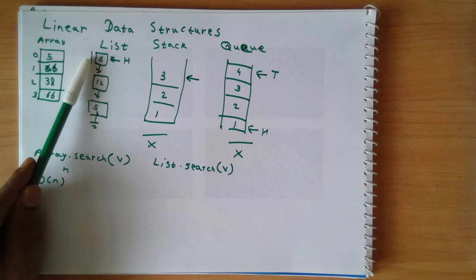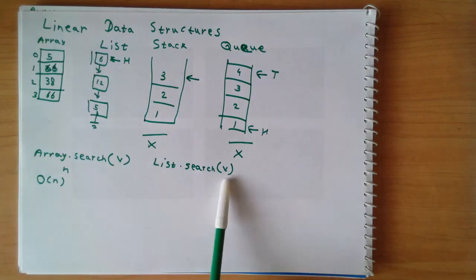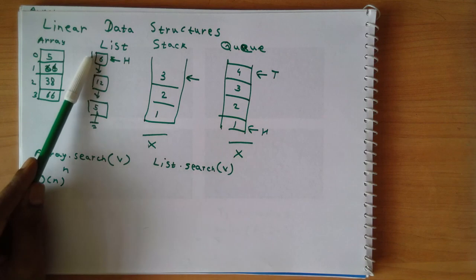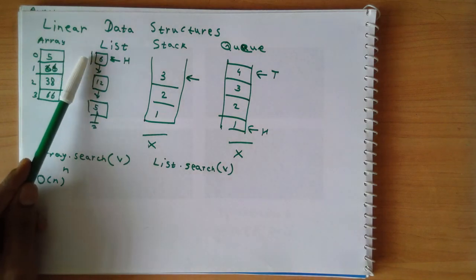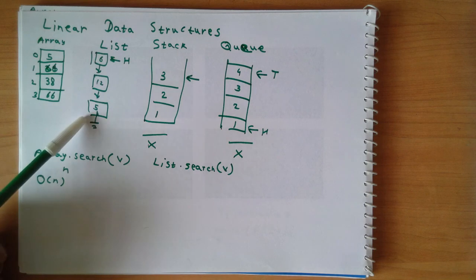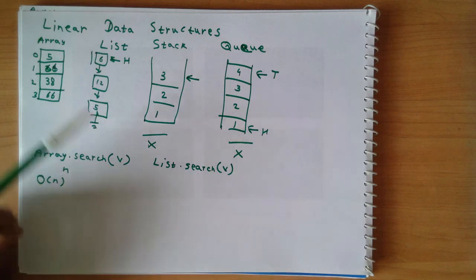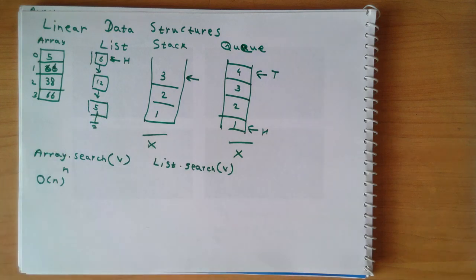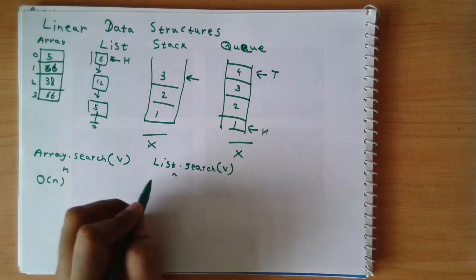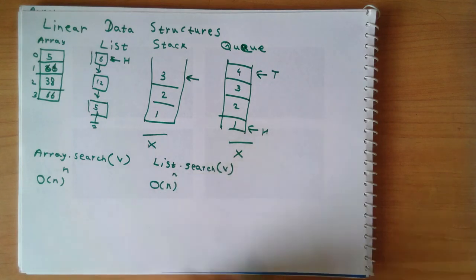And every time I visit a node, I'll compare the search value v with the contents of the node. So in the worst case, what will happen? I might have to go right to the end of the list. So even in this case, we are going through the complete list, and this is again a linear search algorithm. Okay. So if the list contains n elements, in the worst case, I will require of the order of n operations. And again, the linear search on my linked list belongs to theta of n.